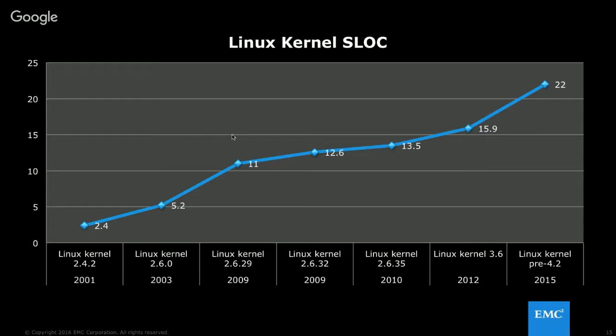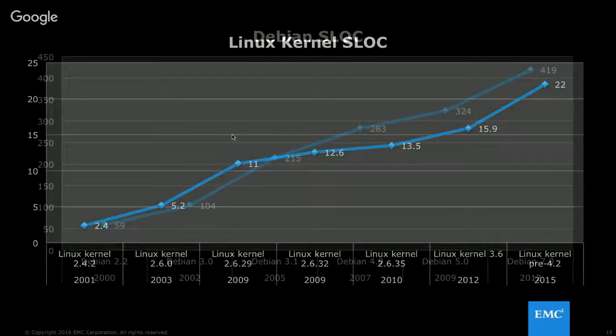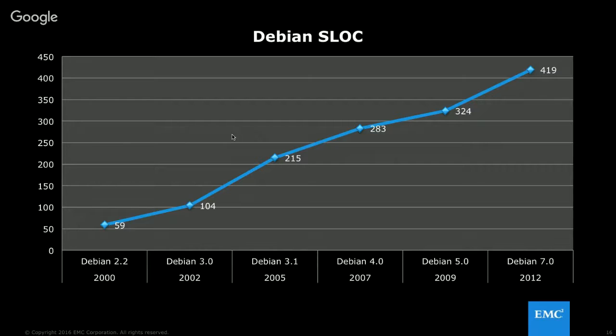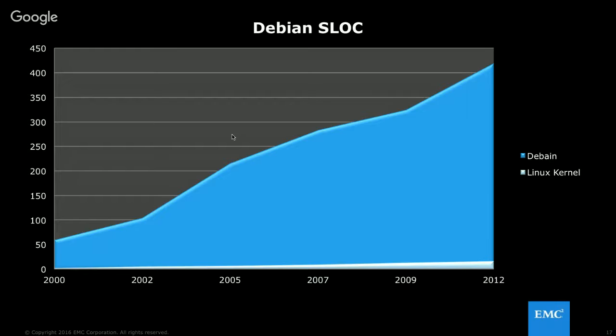The Linux kernel has 22 million lines of code. The Debian distro has about 490 million lines. This is a huge amount of lines, very complicated, and probably very hard to maintain.